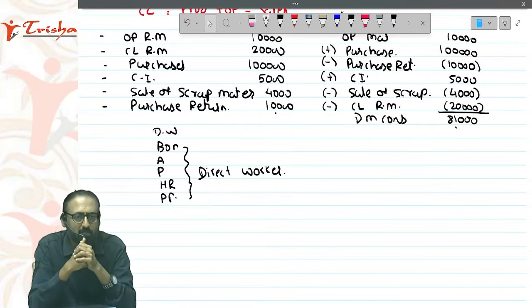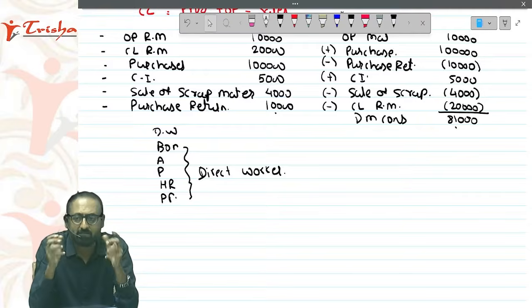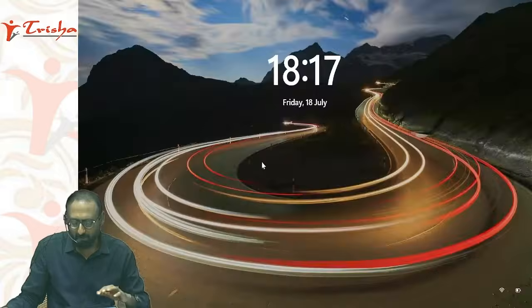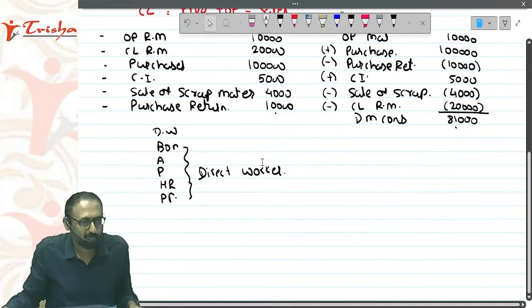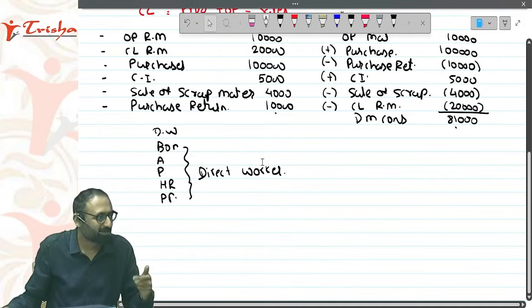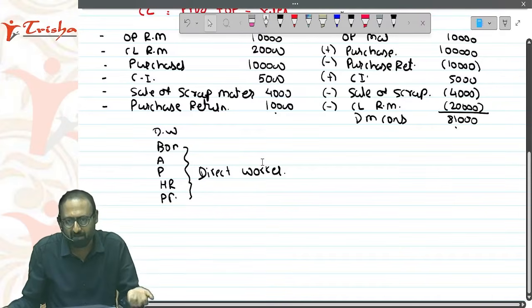Next, Sarji, 4 or 5 items are over. Next item will be special drawing and designing charges. Drawing and designing expenses, production related drawings and designs, will be covered under direct expenses. Next one, Sarji. Next item will be technical know-how and assistance. Technical know-how and assistance is a direct expense.